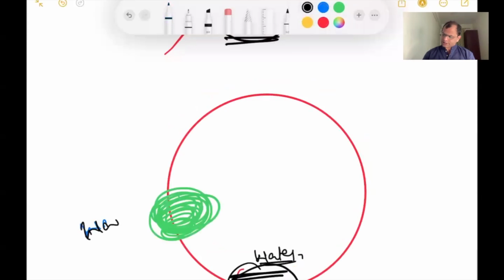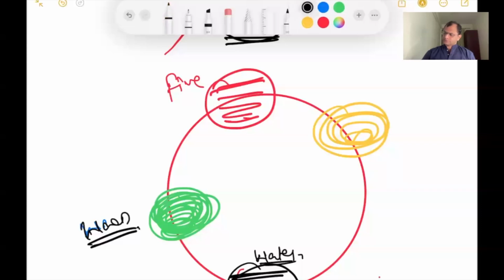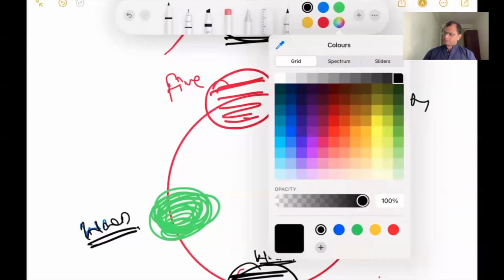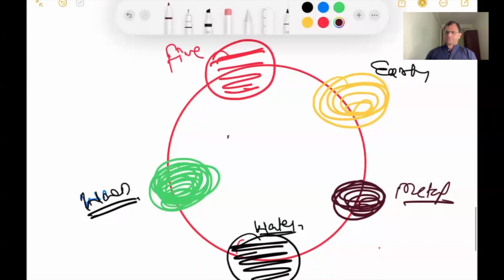Wood का मतलब start करना. Then the meaning of fire. Fire means the maximum speed and speed, that is fire. Then the earth. And then the metal. Metal we are showing with a brown color. So I'm making with a brown color. This is the metal. So we are telling these five elements as per the concept of TCM.